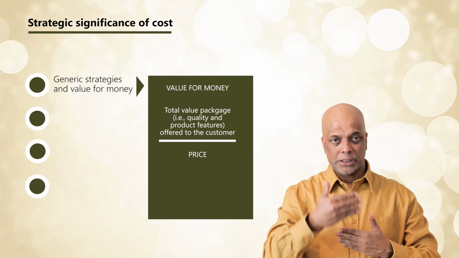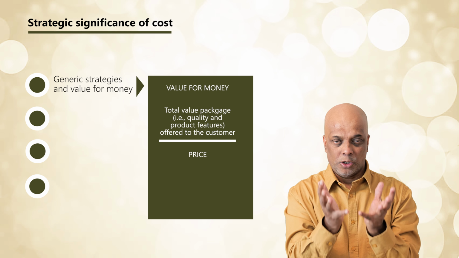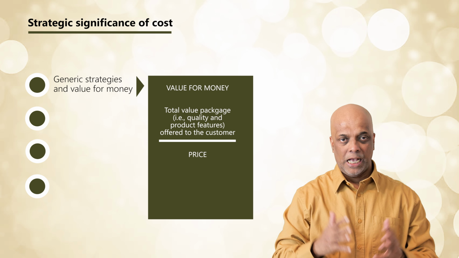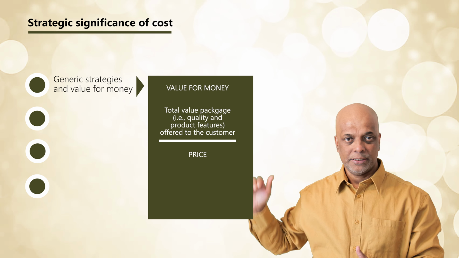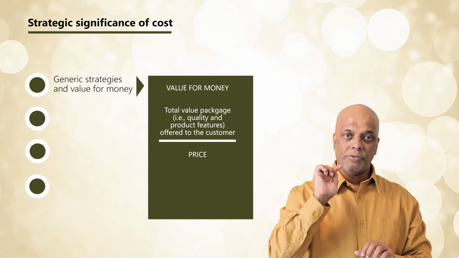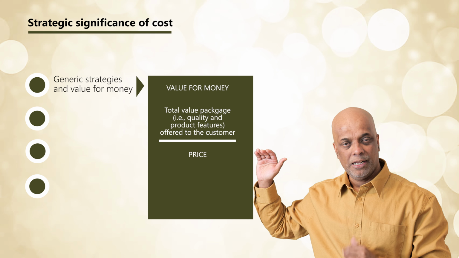From a customer's perspective, when the customers decide to buy a good or a service or a brand, they think about the value for money. As we discussed in our previous lectures, value for money means the total value package that the firm offers to the market divided by the price. The price is still the denominator.